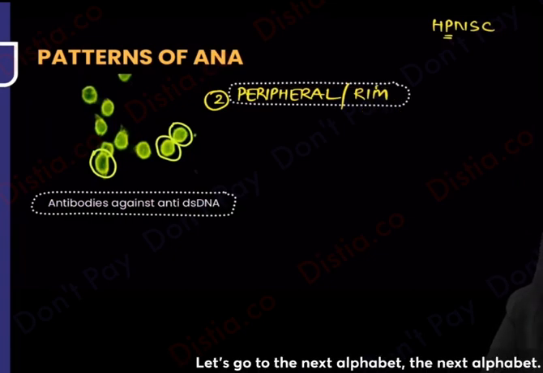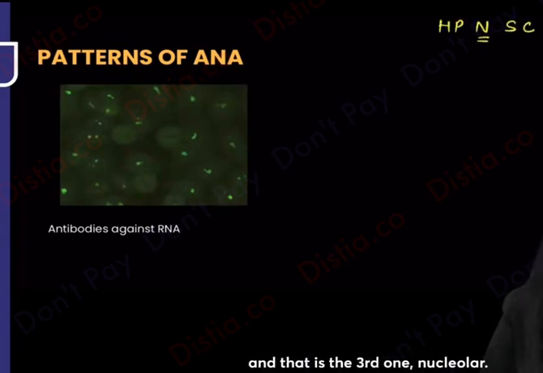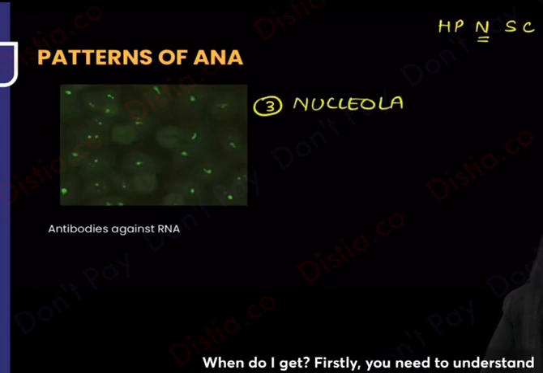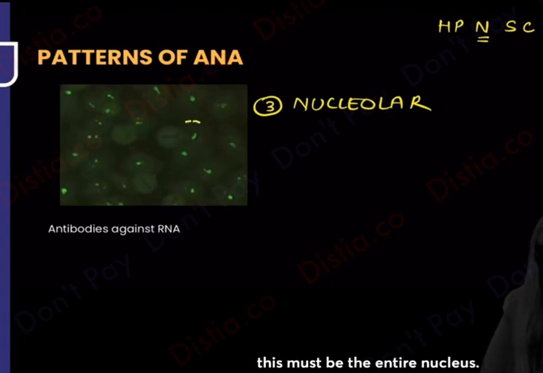Let's go to the next alphabet. What is the mnemonic? Happens. So the next alphabet is N, and that is the third one, nucleolar. Firstly, you need to understand what is nucleolar, not nucleus. Nucleolar means if I trace the entire nucleus, is that coming green?